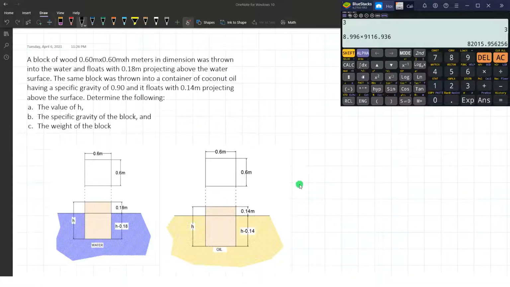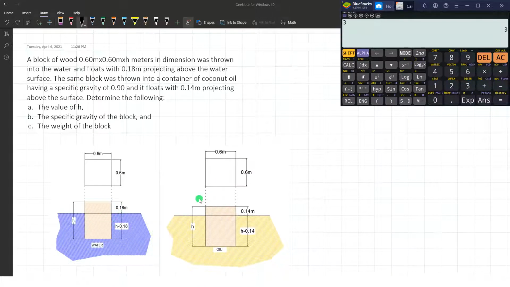Problem number 2. A block of wood 0.6 by 0.6 meter and an unknown height in dimension was thrown into the water and floats with 0.18 meter projecting above the water.